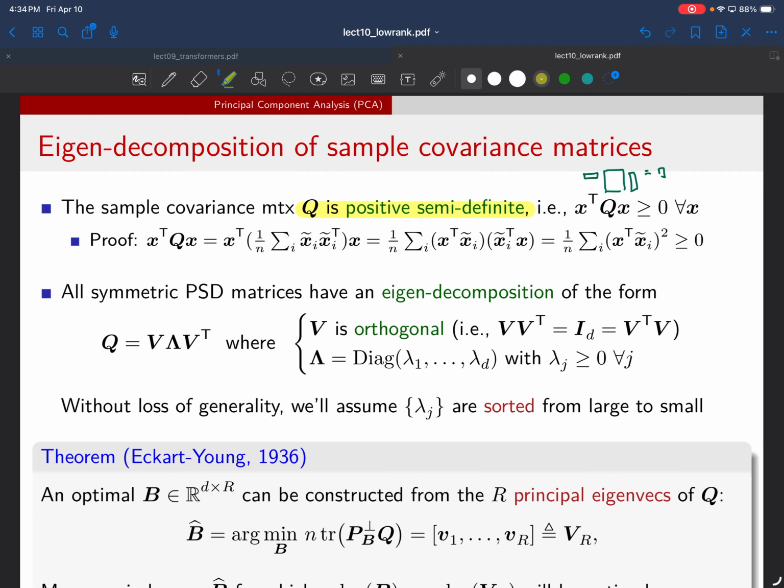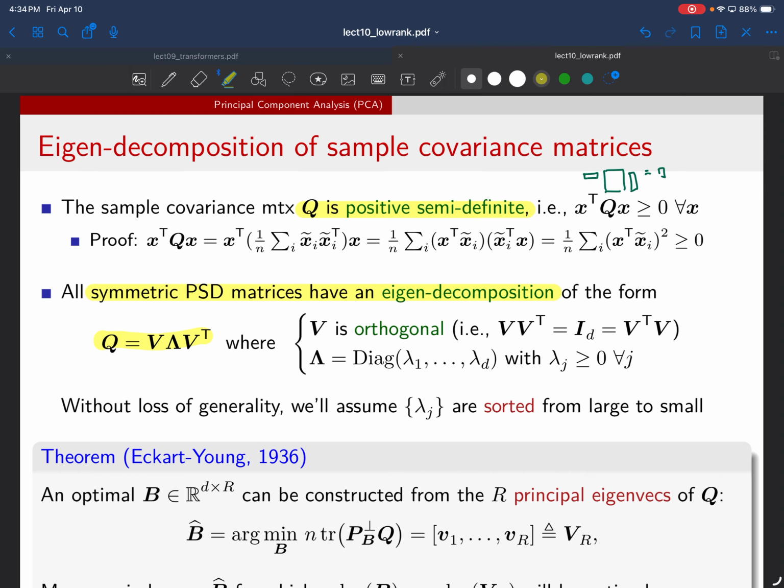And the reason that matters is that when you take the eigendecomposition of a symmetric positive semi-definite matrix, it has a very special form. You can write it like this. And this matrix V is an orthogonal matrix. It is square. All of its columns are unit norm. All of its rows are unit norm.